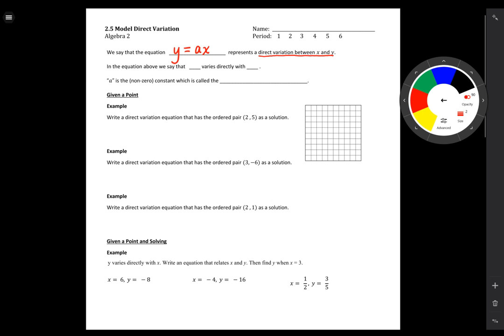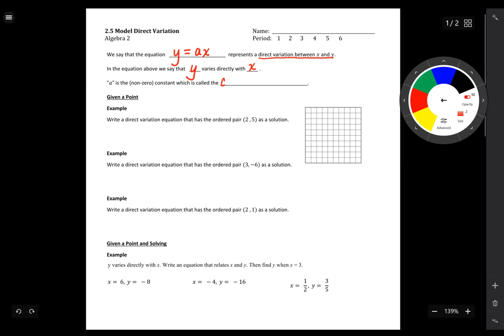In the equation above, we say that y varies directly with x. A is the non-zero constant, which is called the constant of variation. So it's a number, a fraction, a decimal, an integer, a whole number, any non-zero constant.